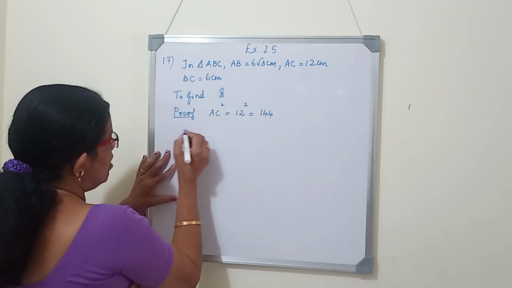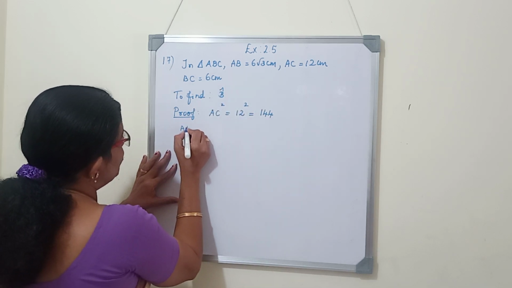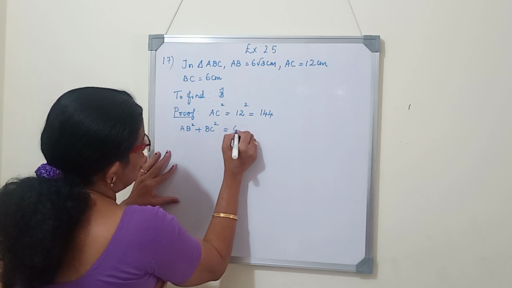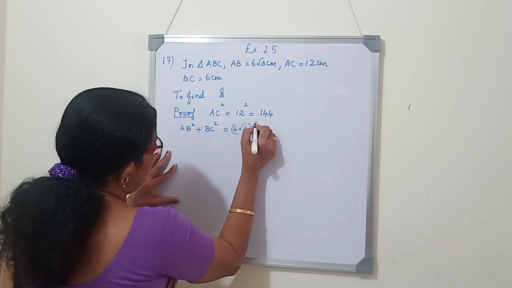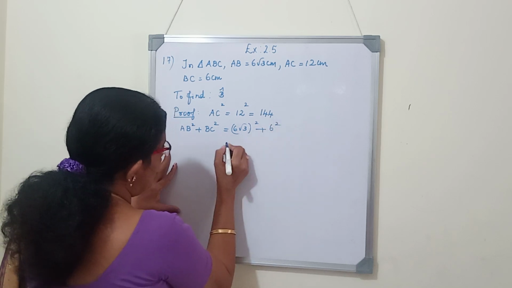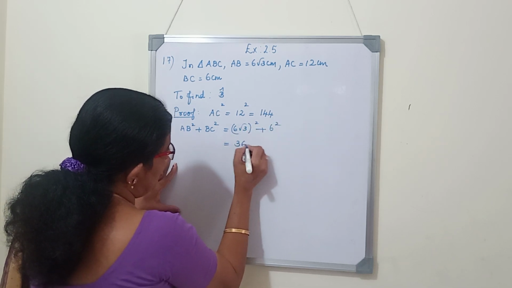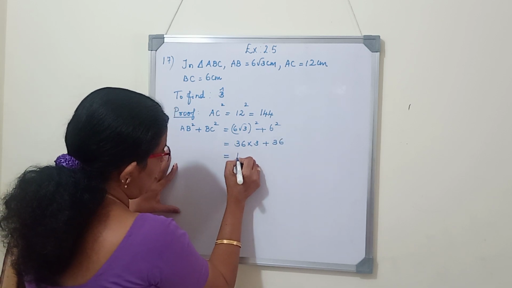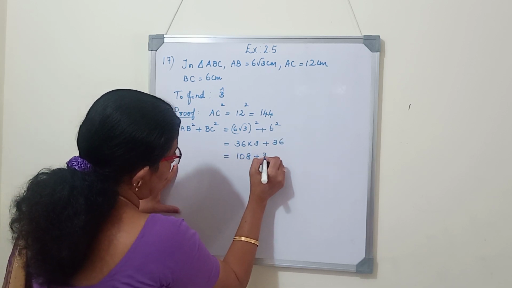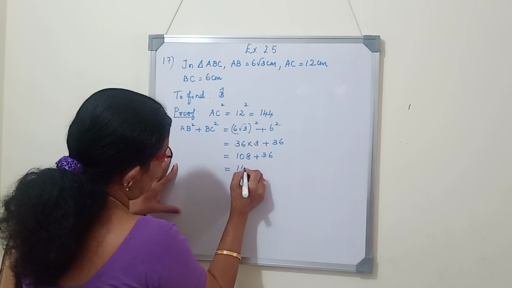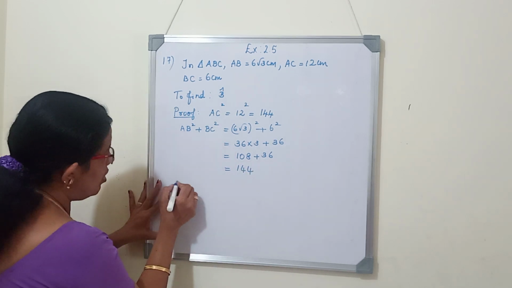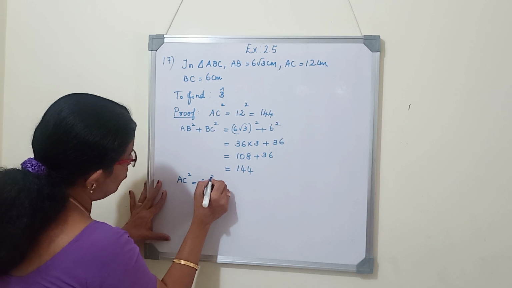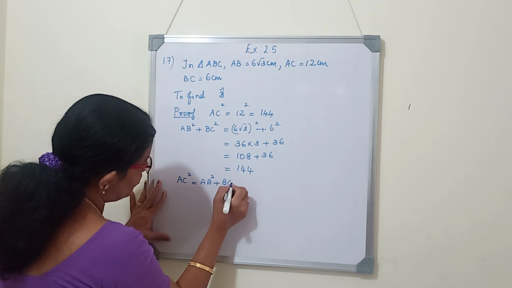Now we will see the sum of the squares of the other 2 sides, that is AB square plus BC square. 6 root 3 the whole square plus 6 square. 6 square is 36, root 3 square is 3, so 36 into 3 is 108, plus 36, we will get 144. So we got that AC square is equal to AB square plus BC square.